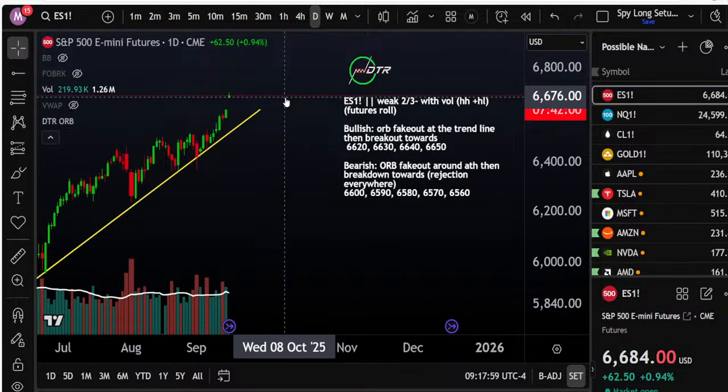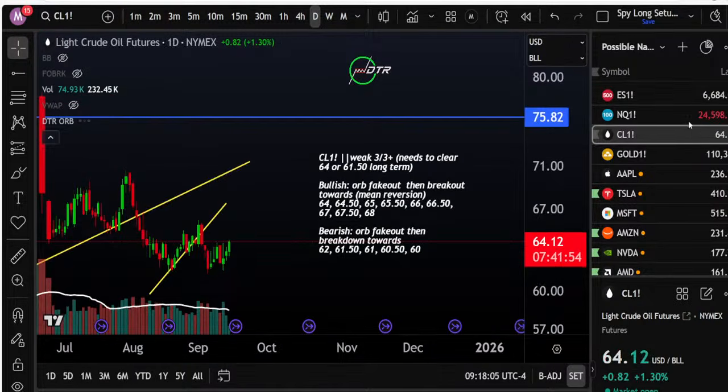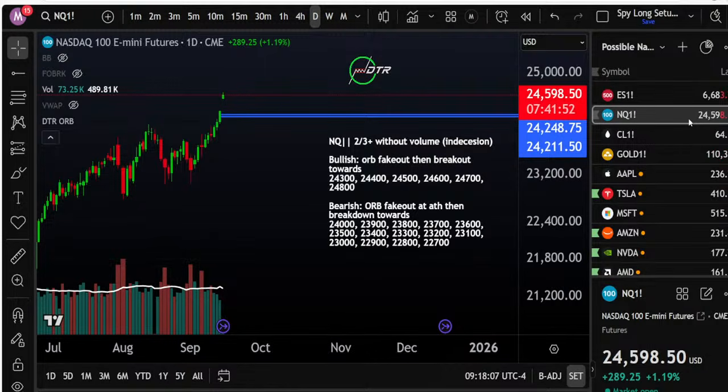That's going to be shown in the ES1, NQ1 or CL1 charts, because we get that reflection of data, and these are continuous. Now, in your settings, you can turn off the continuous gap up or gap down.